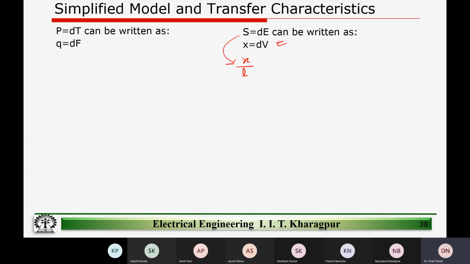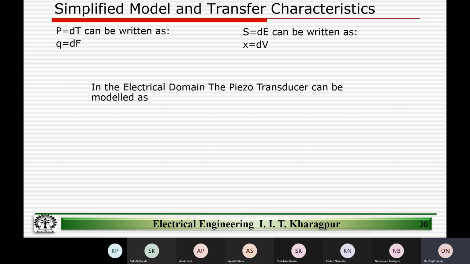This is the strain. X is the deformation. Please remember, X is deformation. So it is equal to d times E, and E is nothing but V by L, right? Again, length is non-zero and it's safe to cancel out. So S equal to dE can be written as X equal to dV. Not a big deal, right?